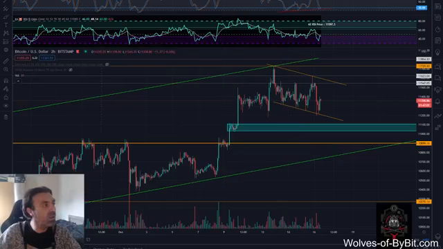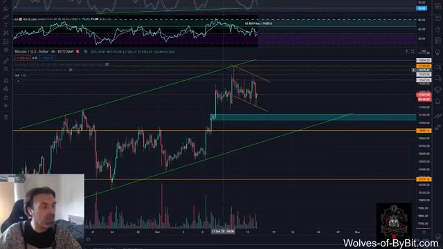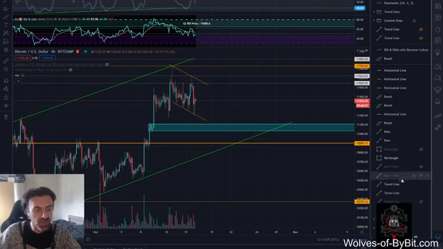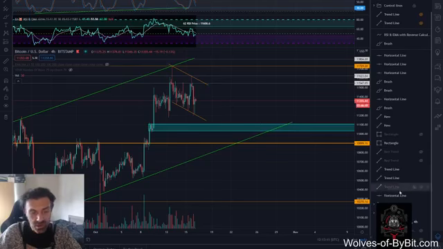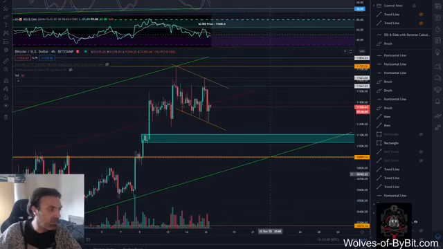Now on the longer term, let's go a little bit further out, because like I said, I like to go from lower time frames to higher time frames to all sorts of time frames. And there we go, we have our medium line back into play.